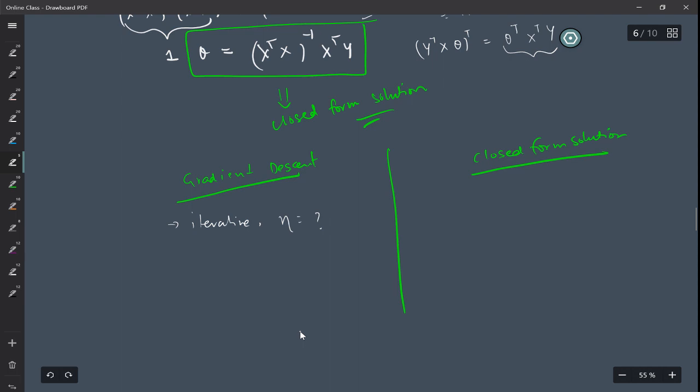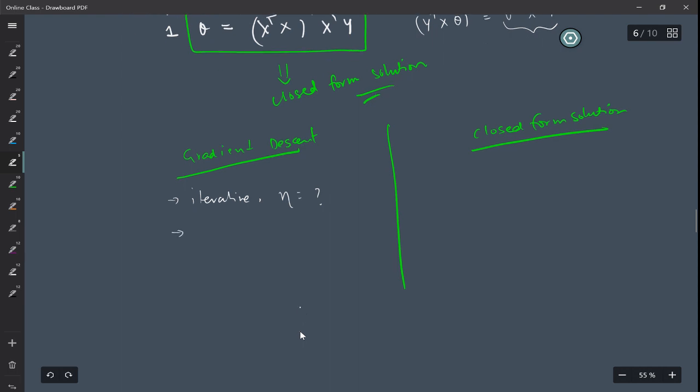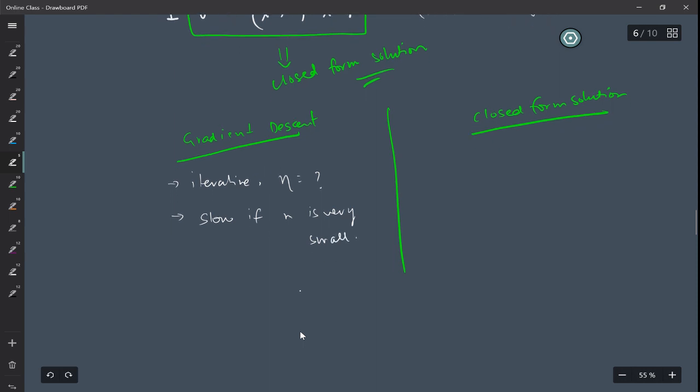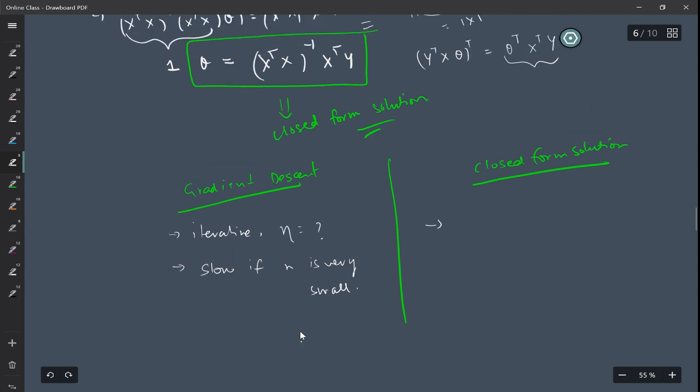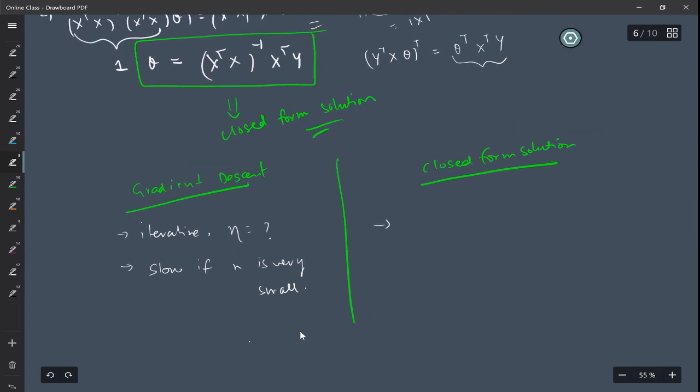It is a hyperparameter, right? And it can become slow, and it is particularly useful if you have a bigger data set, right? And the closed form solution is useful if you have a small data set, and you get the solution in just one step, right? You directly get the solution, right?